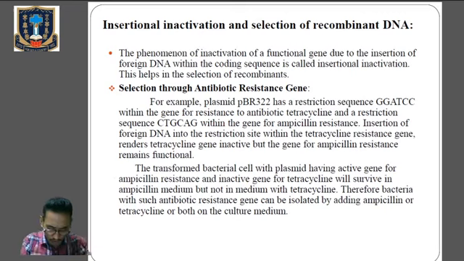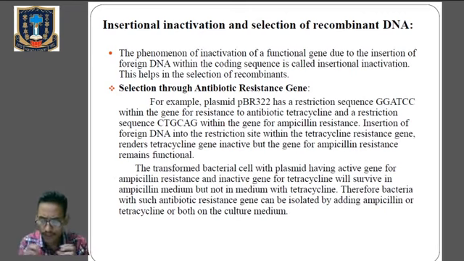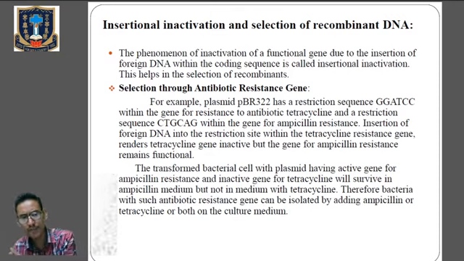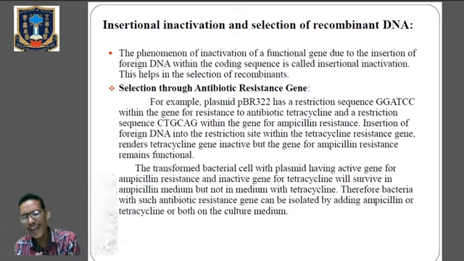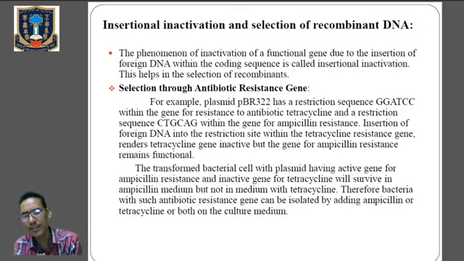So mainly we can identify those particular DNA by two techniques. One is called insertional inactivation, and another one is called the blue-white selection test. These two tests will be utilized to identify the recombinant and non-recombinant host cells. First, we'll look at this one. The phenomenon of inactivation of a functional gene due to the insertion of foreign DNA within the coding sequence is called insertional inactivation.